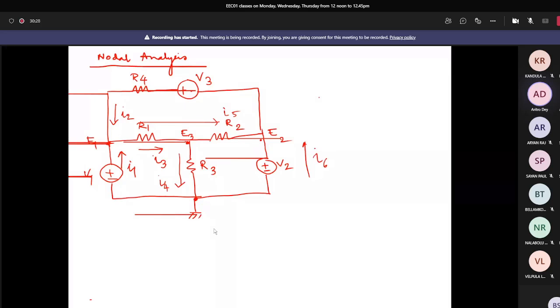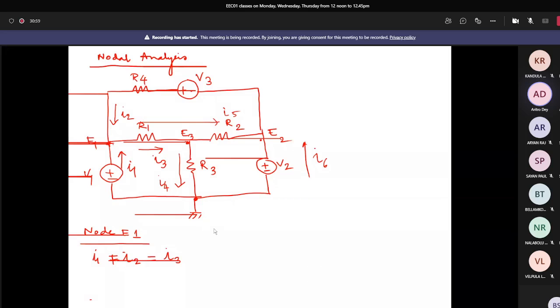Okay. So now let us take first the node E1. At node E1, we get I1 plus I2 equal to I3. What is your I2?